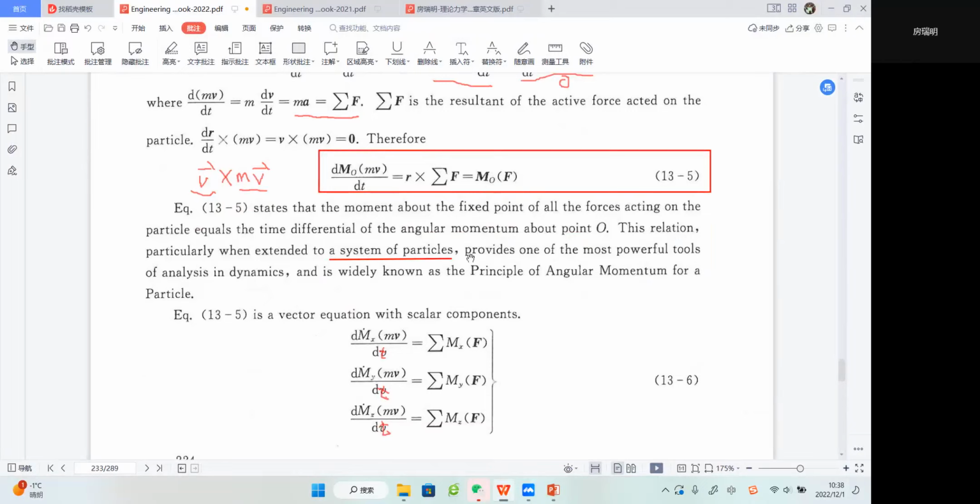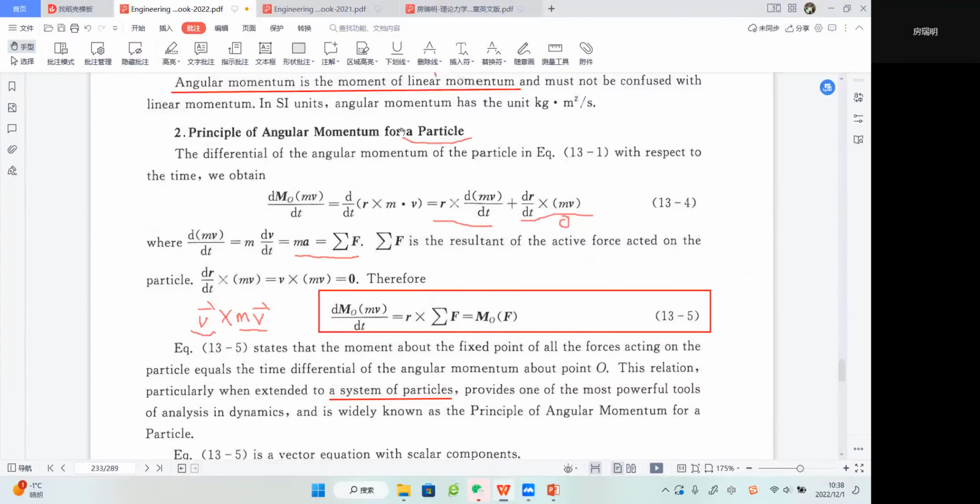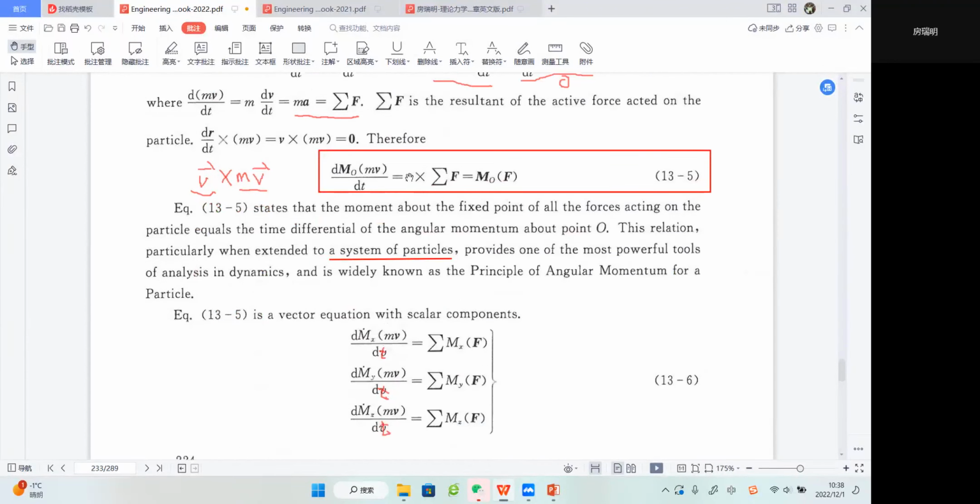So let's read the paragraph together. This relation, particularly when extended to a system of particles, is the start for a single particle, but our final destination is to extend this principle to a system of particles, right? Under that condition, it provides one of the most powerful tools of analysis in dynamics.